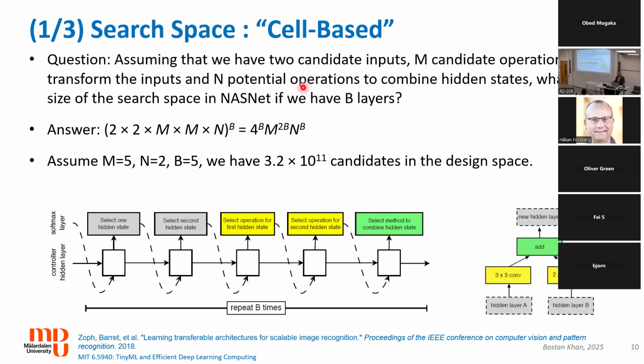potential connection operations. So overall, it ranges to this number, and if we have M equal to 5, the candidate operations that we have, and N equal to 2, the number of inputs that we are getting is 2. So this input is basically, when we are talking about 2, it could be either the input from the last layer or the input from the layer before that. So we are backtracking two inputs basically here.